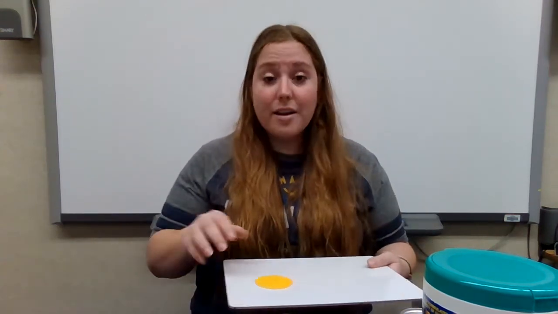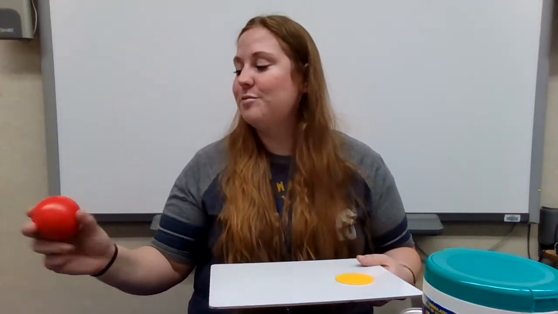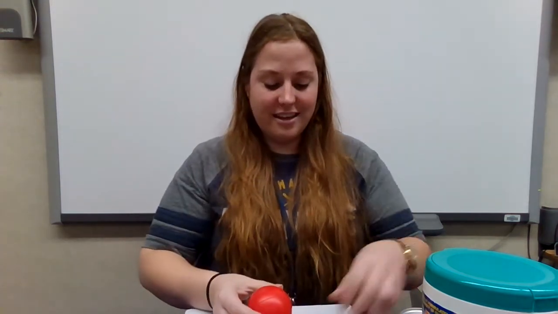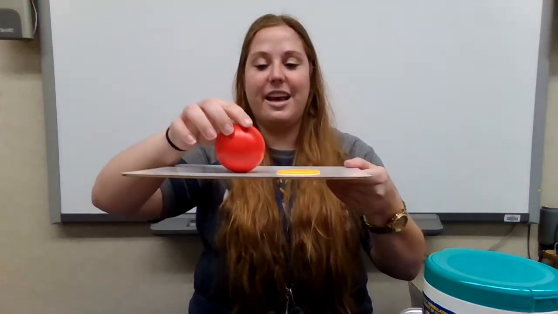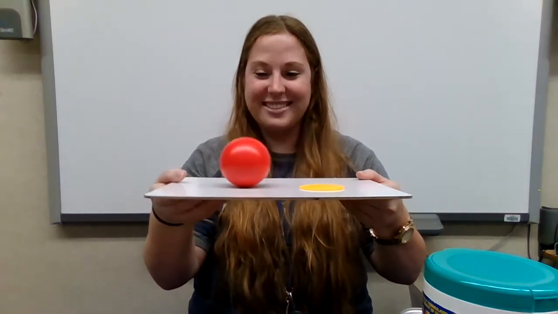I found one other round solid circle in my classroom. I found a red squishy ball, like a stress ball. I can see that it has the circle shape and that it stands up and is solid. Whew, it's trying to roll away from me.